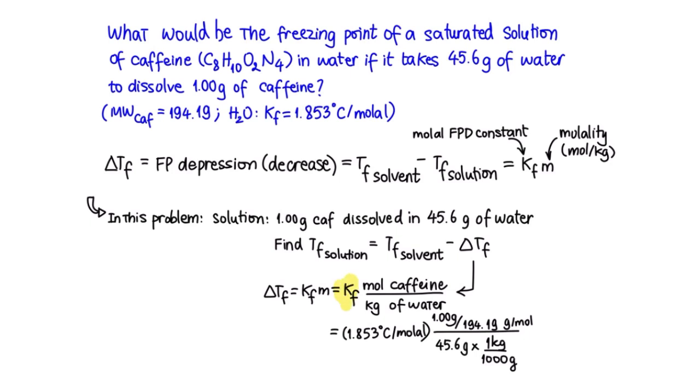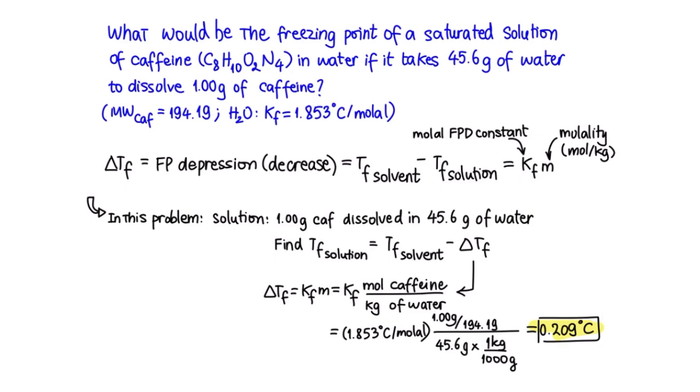The Kf value is 1.853, and we can calculate the moles of caffeine by taking the mass, 1 gram, divided by the molecular weight of caffeine, which is 194.19 grams per mole, and divide all of that by kilograms of water. We have 45.6 grams of water times 1 kilogram over 1,000 grams to convert to kilograms. After calculating all that, we get 0.209 degrees Celsius.